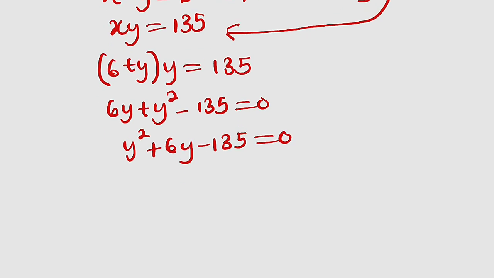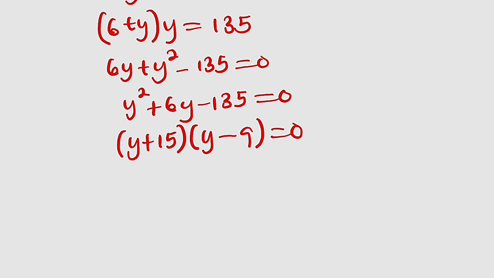How can we factorize this? You think of two numbers which when you multiply them together you get negative 135, but the moment you add them together you get positive 6, and the numbers are negative 9 and positive 15. So this is y plus 15 multiplied by y minus 9. This is equal to 0, right?